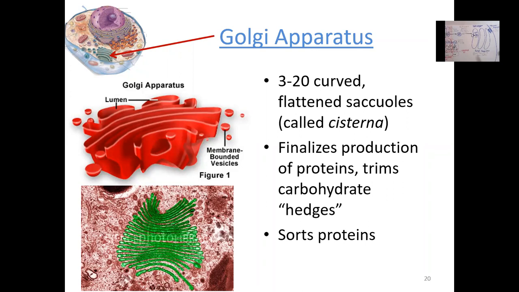Where that comes in is that the finalized protein is going to be dumped into a vesicle, and that vesicle is either going to release its contents outside of the cell, or it's going to become a new organelle.